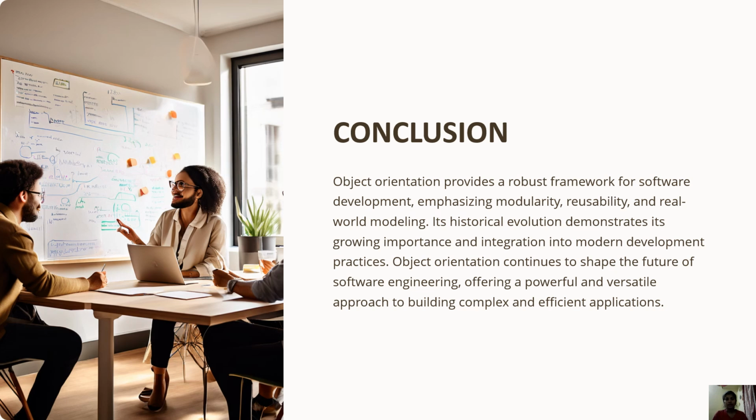Its historical evolution demonstrates its growing importance and integration into modern development practices. Object orientation continues to shape the future of software engineering, offering a powerful and versatile approach to building complex and efficient applications. This is all about object orientation and how it is useful and how it will shape modern software engineering projects.